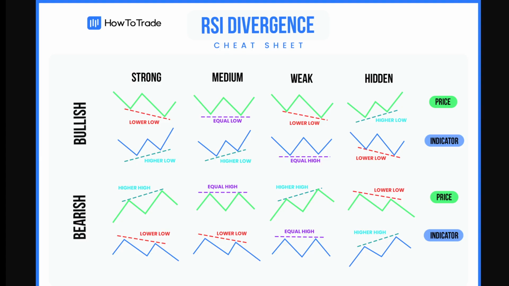That shows you that price is going higher, but the demand, okay, the buy side pressure, as price is going higher, is waning, okay, and that's indicative of a reversal because there's just not much buy side pressure and demand to continue this rally going forward. And likewise, the same applies with the equal highs and the lower lows. That is a medium bearish divergence, and the weak higher high and equal high divergence.